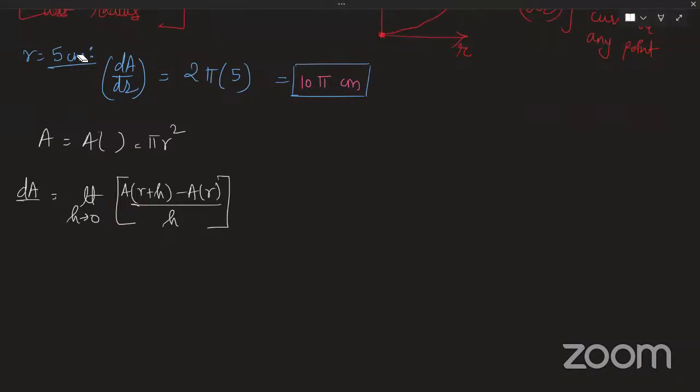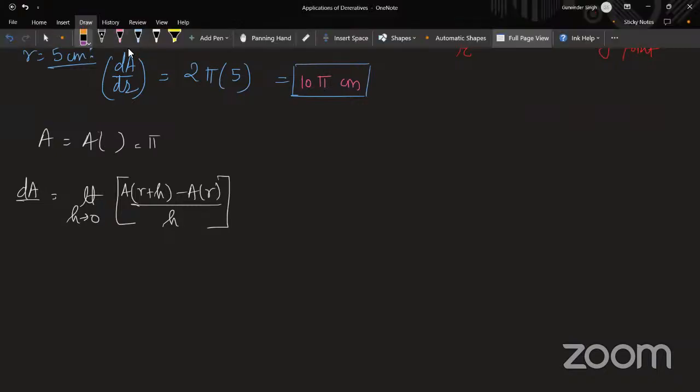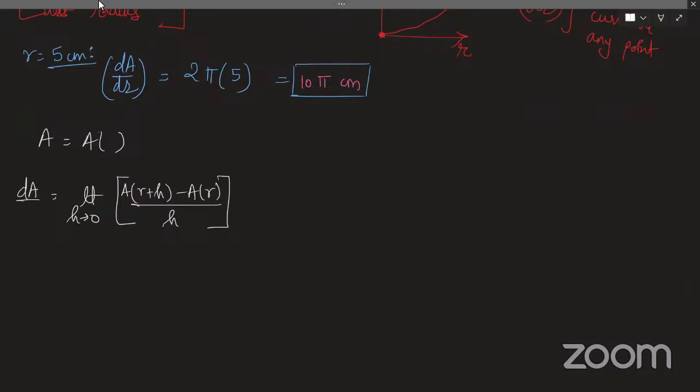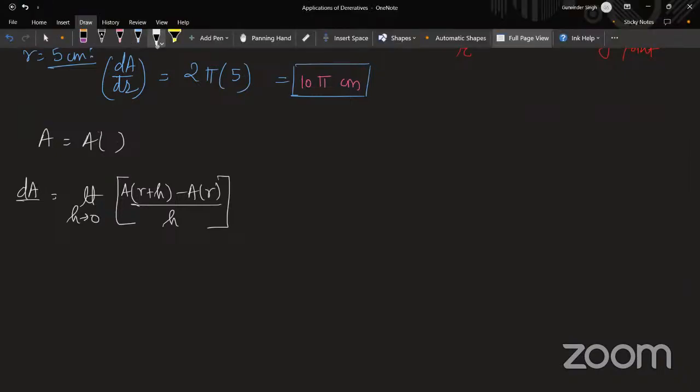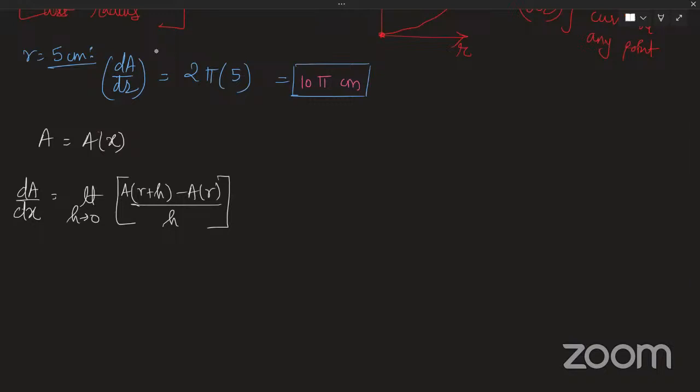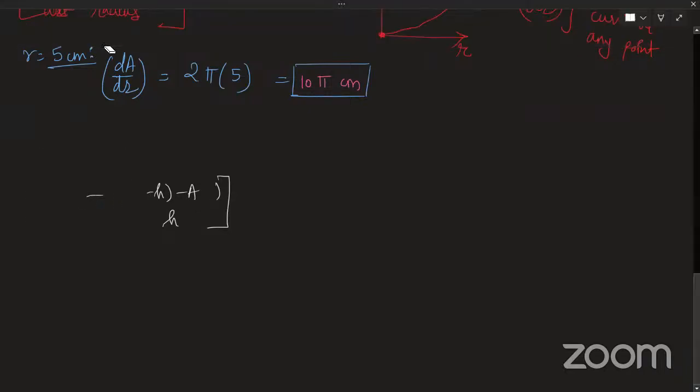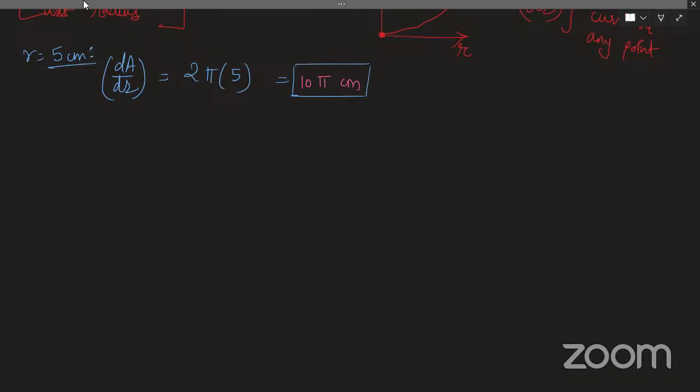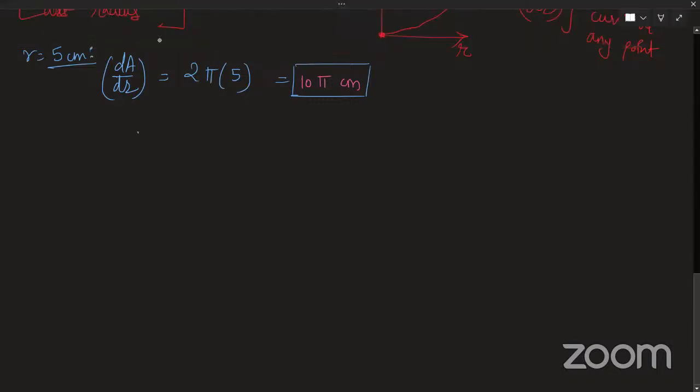We'll just assume this variable to be some variable x. So this will become A of r plus h minus A of r. Okay, you actually don't need to go into this detail. Just assume that you have got two points on the curve.